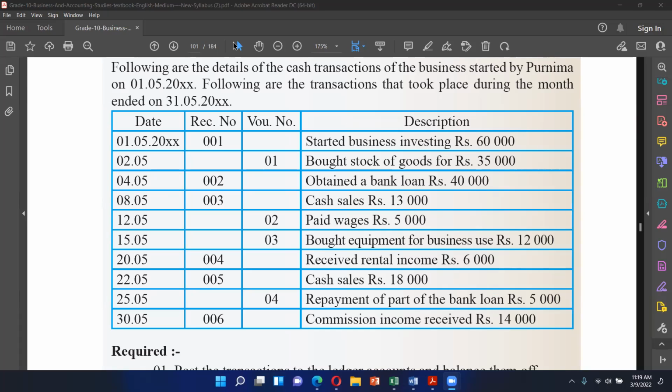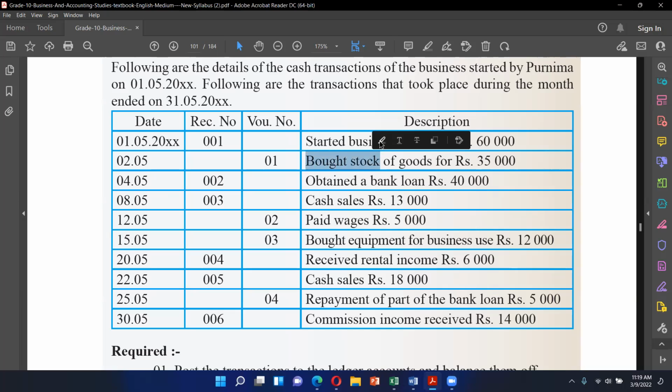Ranudi, Nitusa, 2nd May transaction. Sir, cash book credit. Cash book credit. Debit when? Sir, cash book credit and purchases account debit rupees 35,000. Very good. Super.